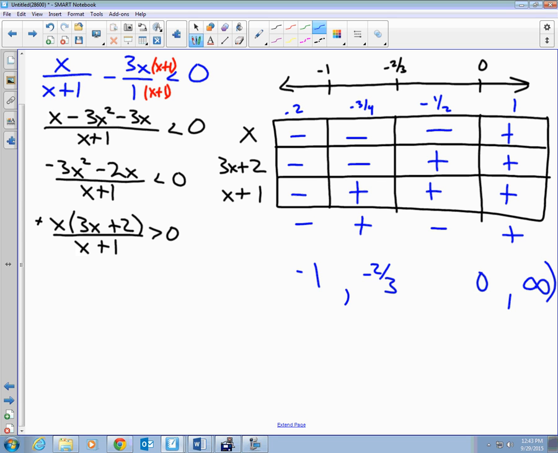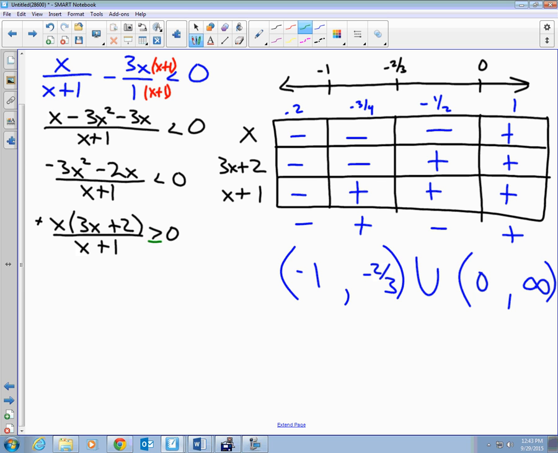Now, do I use parentheses or brackets? Suppose the problem from the beginning had an equal sign underneath. Would I have a parenthesis or a bracket on negative 1?